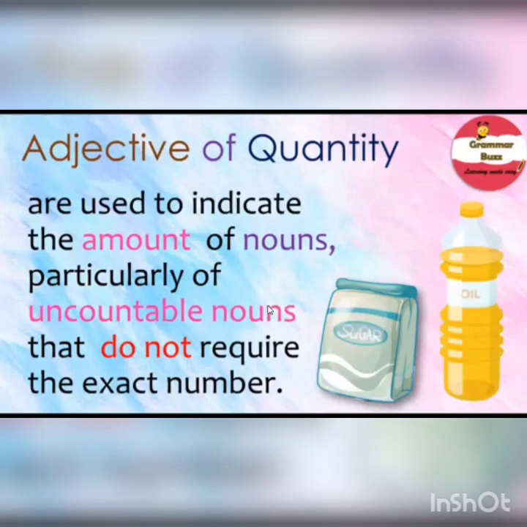Like a bottle of oil, a pack of sugar, or a handful of grains, some water, some salt. Few people, where you use words instead of the exact number, words like few, many, some, little, more, less. Such words are used for adjective of quantity.